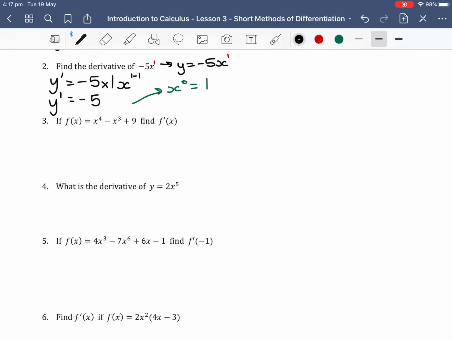Example 3, if f(x) equals x to the power of 4 minus x to the power of 3 plus 9, find f dash x. So f dash x equals, for our x to the power of 4, we bring our 4 out the front, so it's 4x to the power of 4 minus 1, minus, bring our 3 out the front, so it's 3x to the power of 3 minus 1, and then this here is plus 9, our constant.